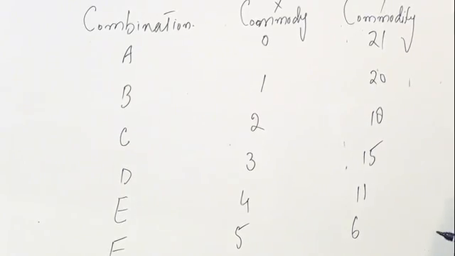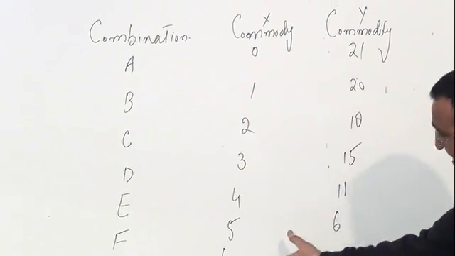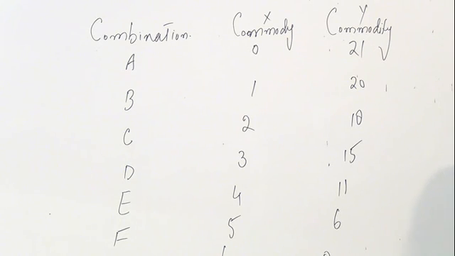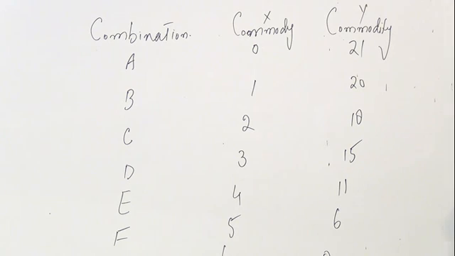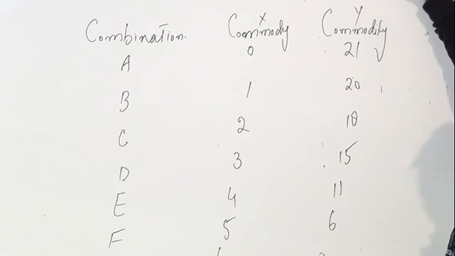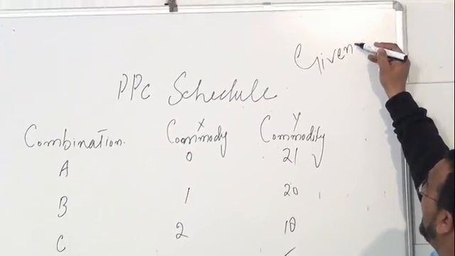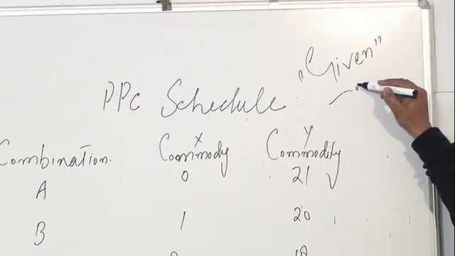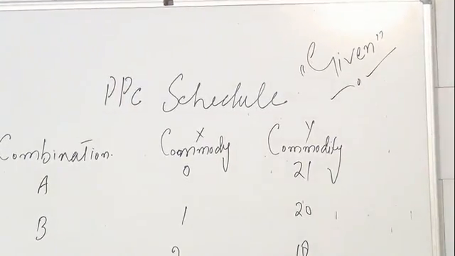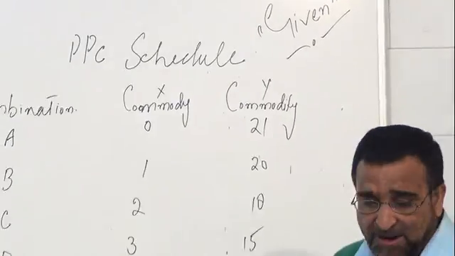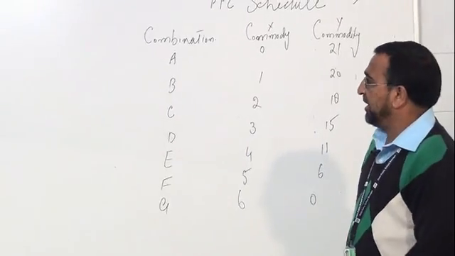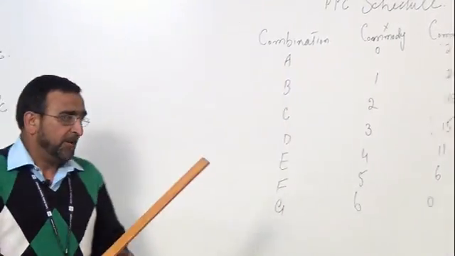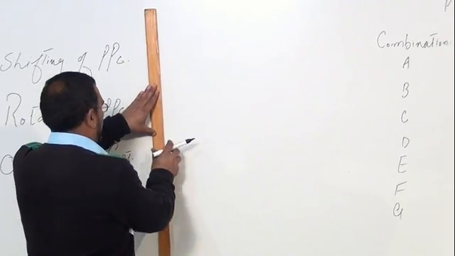It simply shows that when you increase the units of commodity X, we have to decrease the units of commodity Y, simply because our resources are given. They are limited. So an economy, when it produces more of one, has to reduce the other.